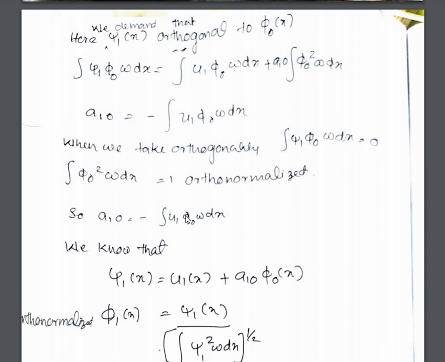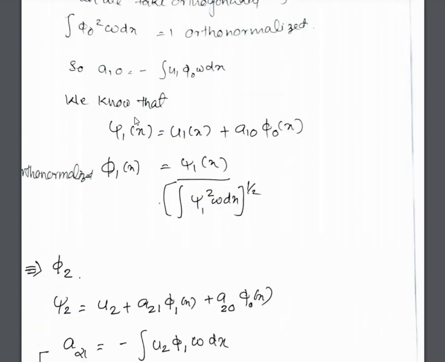So when we apply a10 in the previous equation, the equation is psi 1 of x is equal to u1 of x plus a10 phi 0. So what is a10? We get, from the unnormalized u1 of x, an orthogonal function psi 1 of x.